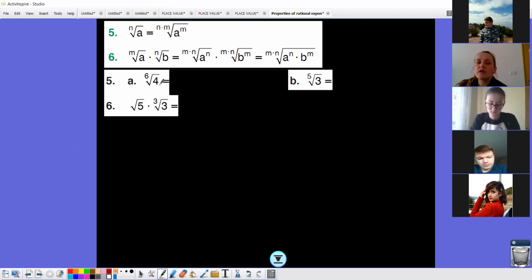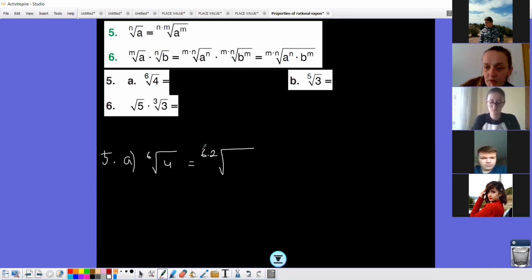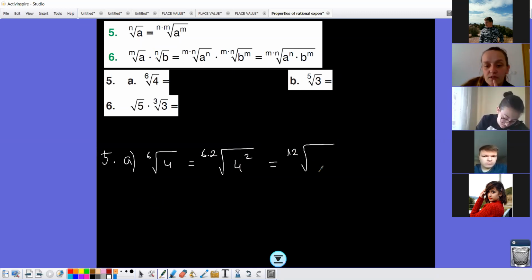For example, I have the 6th root of 4, but I want to make this one the 12th root. So what am I doing? 6 times 2, then root of 4 to the power of 2. At the same time, I'm taking the power of 2 in the radicand. So it will become the 12th root of 16.